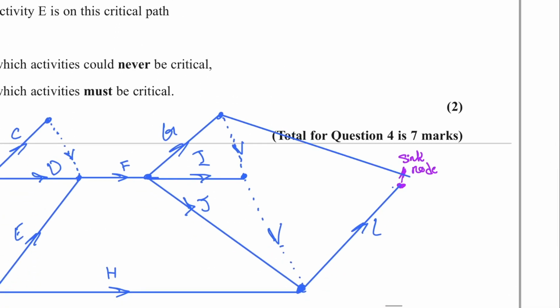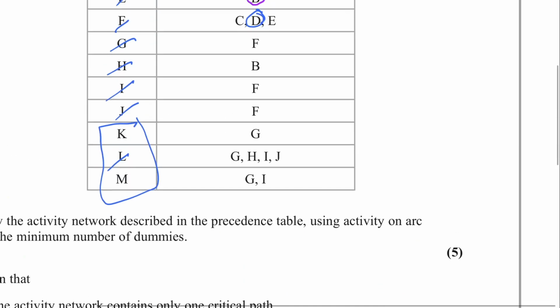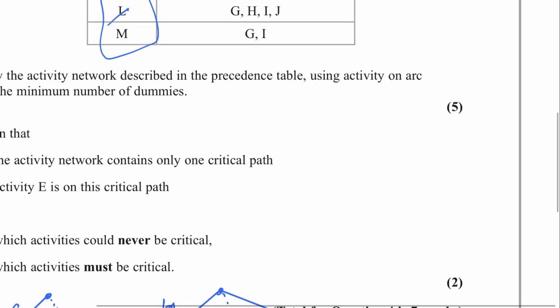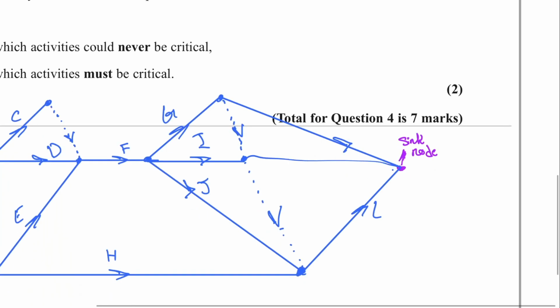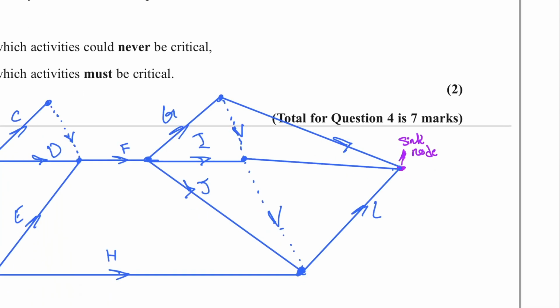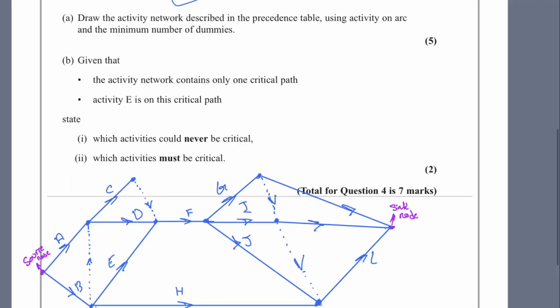So we did L, now we need to do K. K is going to be this one. And then we need activity M, which depends on G and I. So if we draw a straight line like this, and like this, I'll label it.